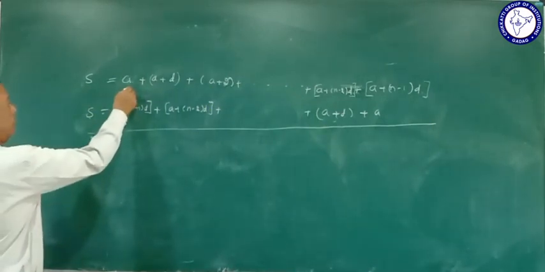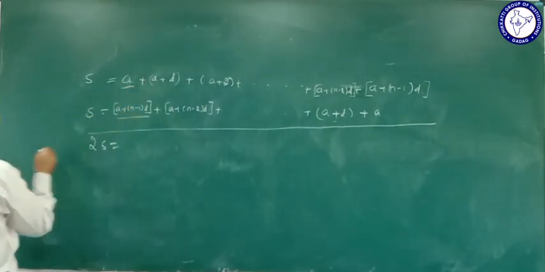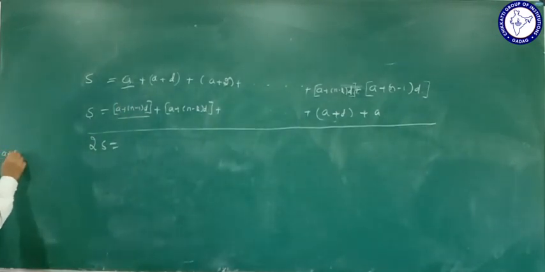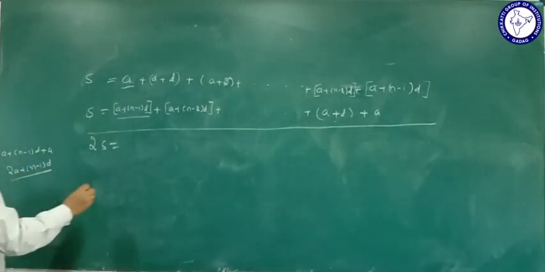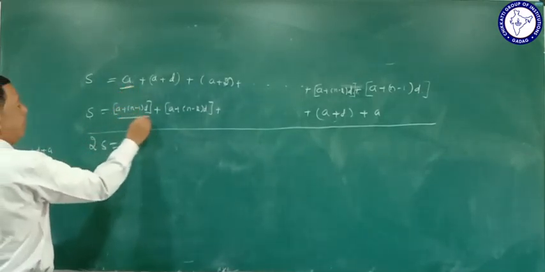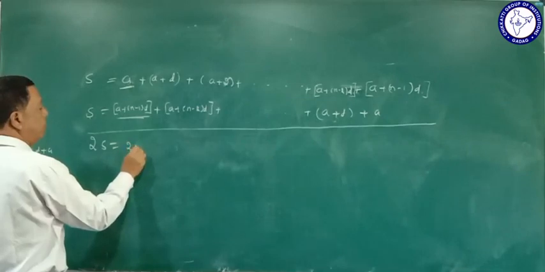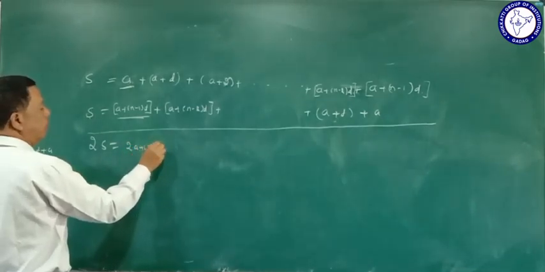And look, this term is added to this term. What is this? A plus n minus 1 D plus A. A plus A is how much? 2A plus n minus 1 into D. You added this and this, and you have got 2A plus n minus 1 into D.